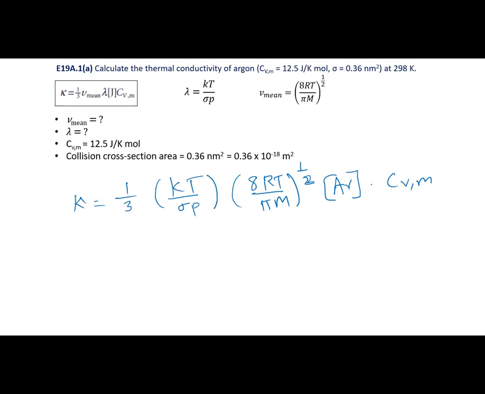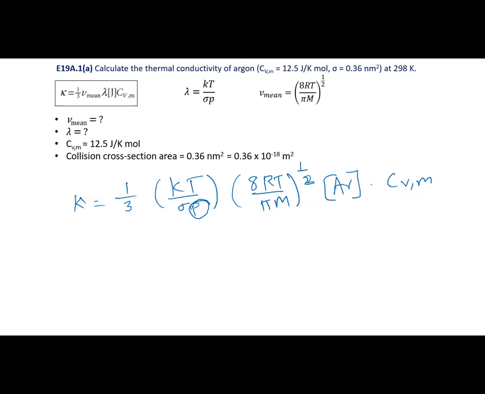In this equation, the question did not talk about P, pressure. So we need to tweak this equation a little bit to bring it into those variables that we know of.